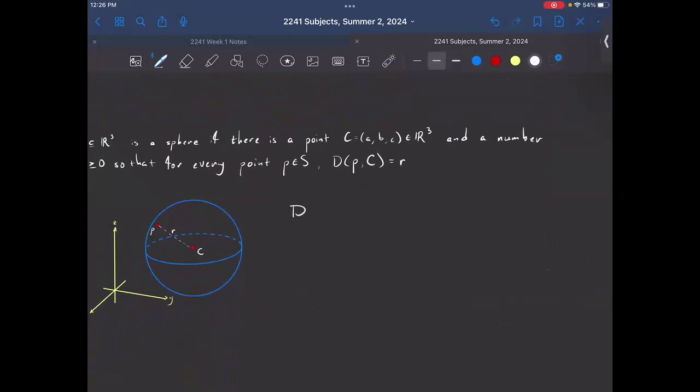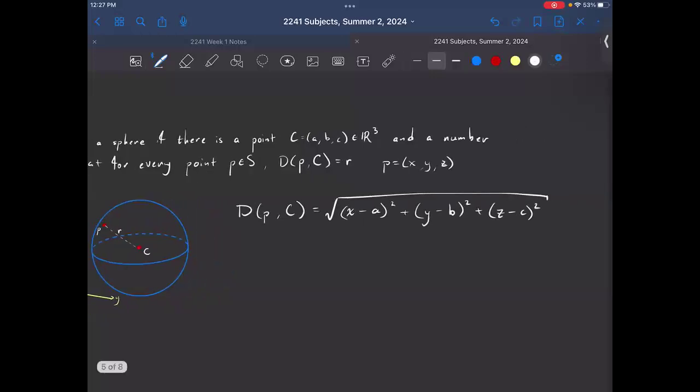The distance from P to C is going to be equal to the square root of, I suppose I should say P equals (x, y, z), x minus a squared plus y minus b squared plus z minus c squared.